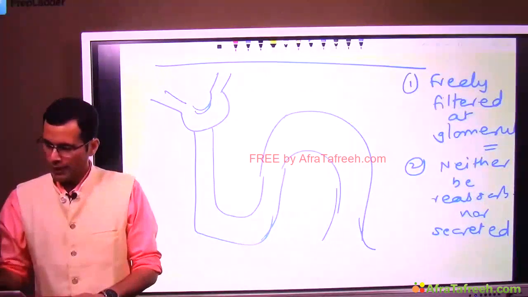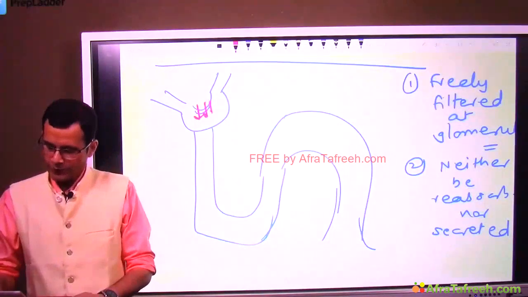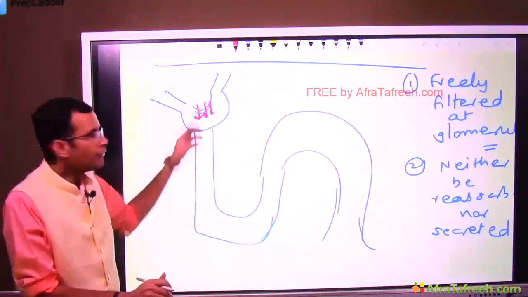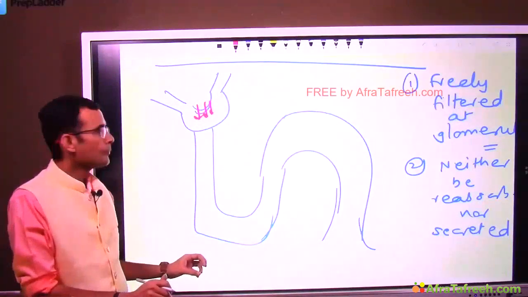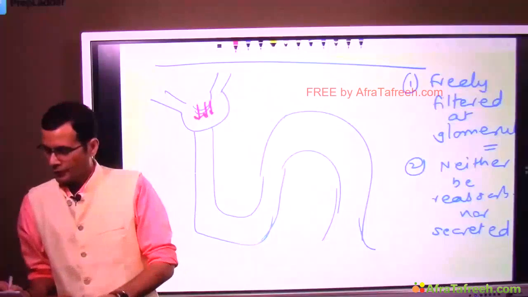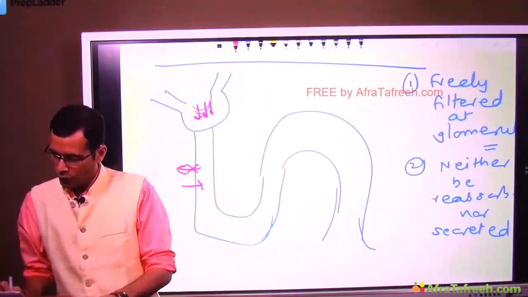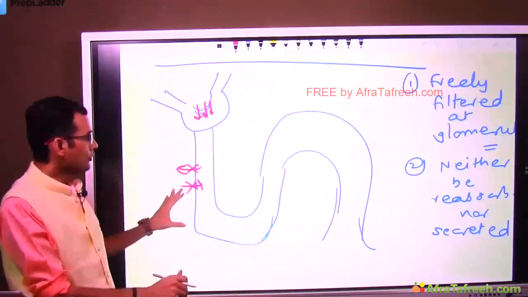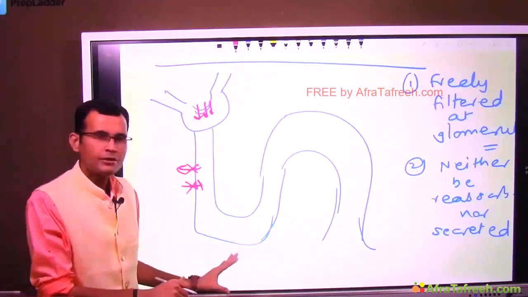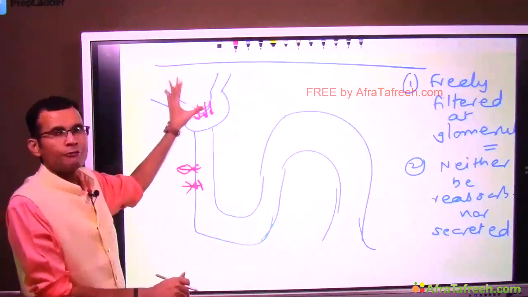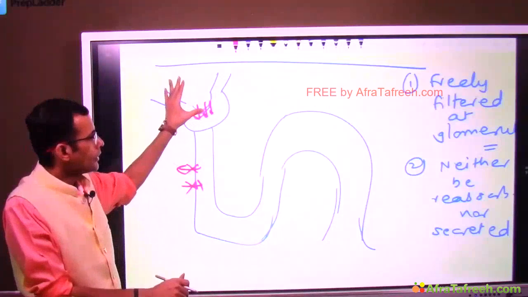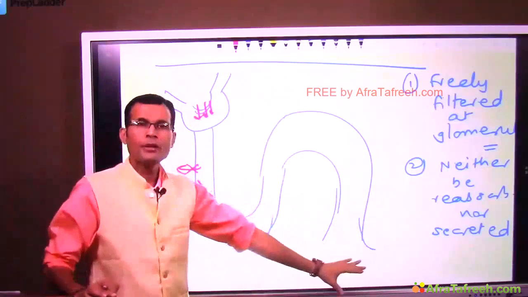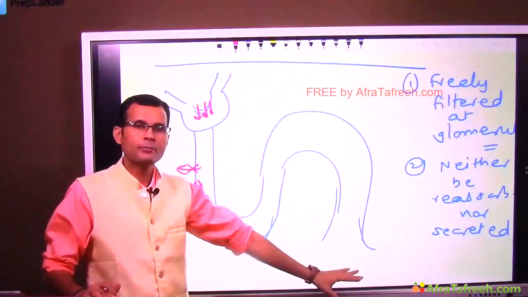So imagine this substance gets freely filtered at the glomerulus, and then it's neither reabsorbed nor secreted by the tubules. That means whatever was filtered, all of it will come into the urine per unit time.